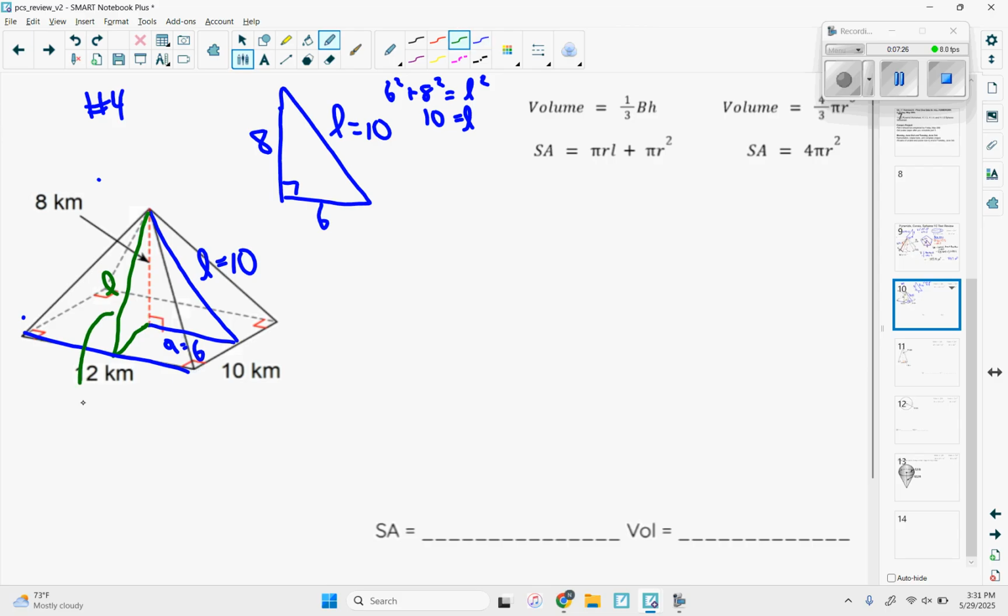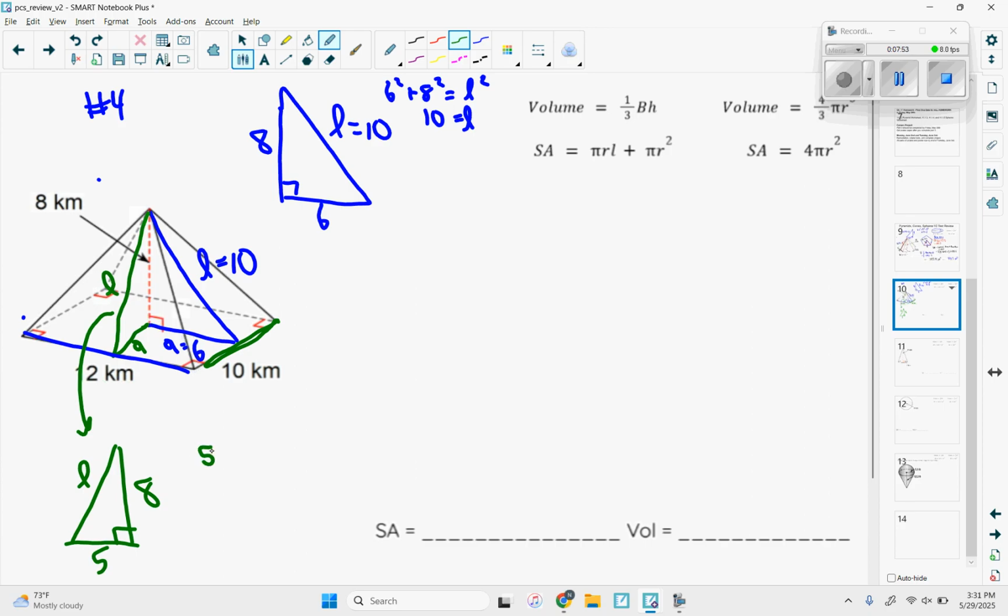Now let's do the other triangle to find our other slant height. Height is still 10. We're finding the slant height on the hypotenuse. And this time the apothem here is half of the side that it's parallel to. So half of 10 is 5.